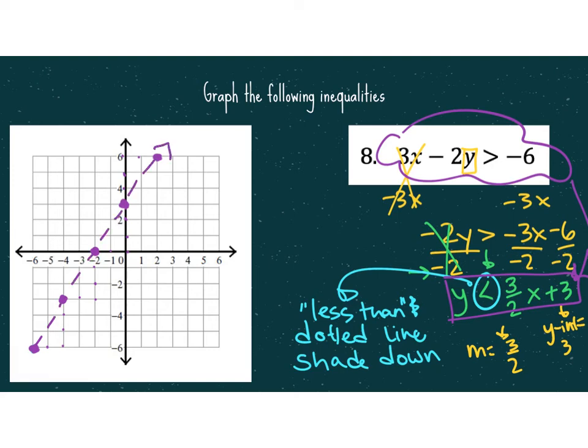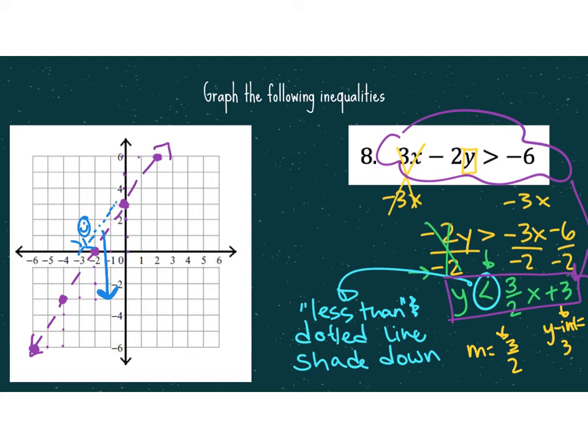Okay, so now I'm going to fill in my dotted line there, or dashed, again, whatever you want to call it, dashed, dotted, same thing. And then I want to shade below. So if you're the little mountain climber, here's my mountain climber. He's up here. He's happy and climbing up the mountain, and he's going to jump down into a cave. If he goes underneath the line or underneath the mountain, he's down in a little cave there.